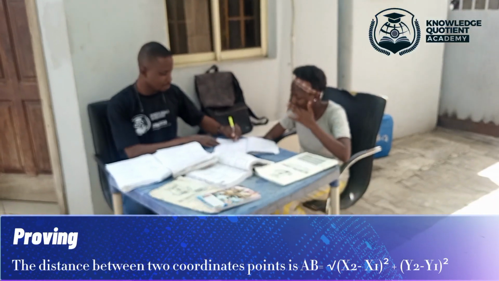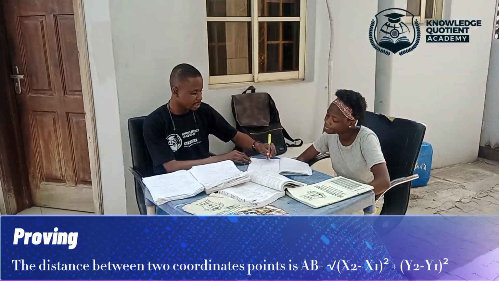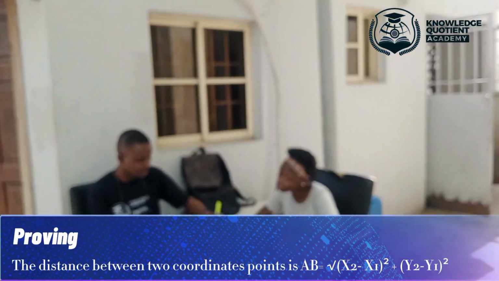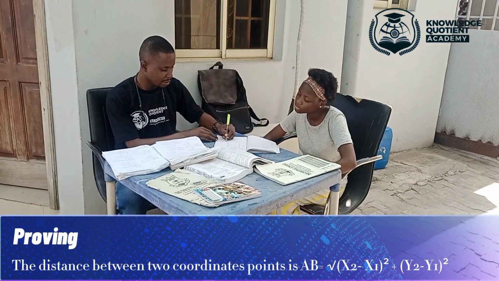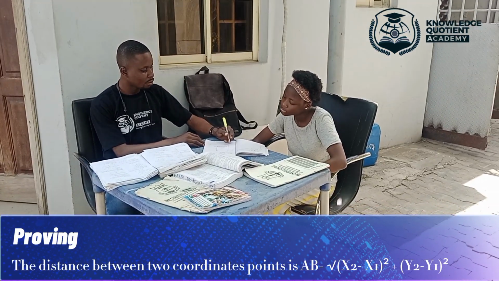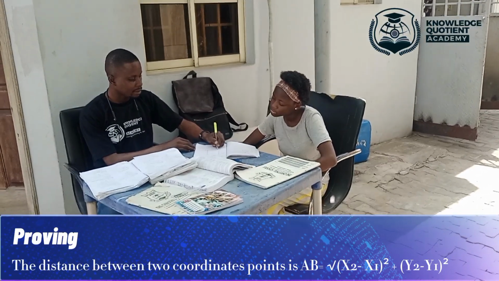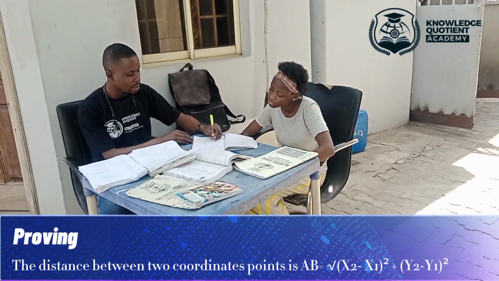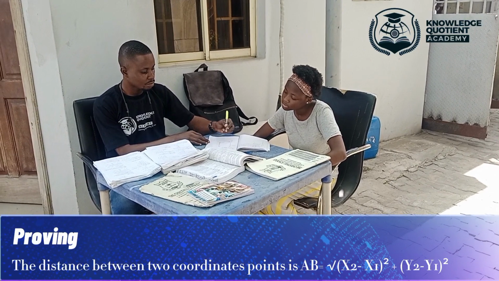Okay, so if you have these gradients now, and we want to find the distance between 2 points, let's assume this is point A, this is point B, and this is point C. Under these 2 points, you have x1, y1, and this one is x2, y2.